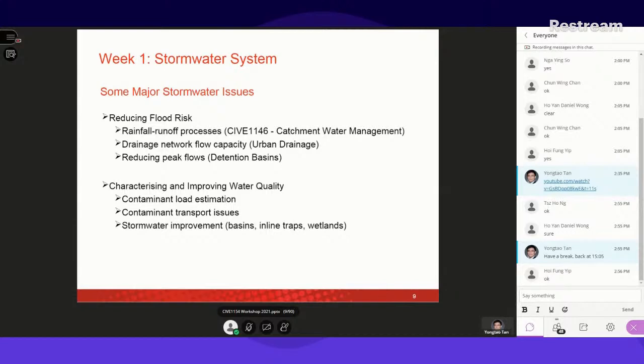For water quality improvement, the following issues need to be considered: contaminant load estimation, contaminant transport issues, and stormwater quality improvement, meaning how to improve the stormwater quality by using detention basins, inline traps, and wetlands.